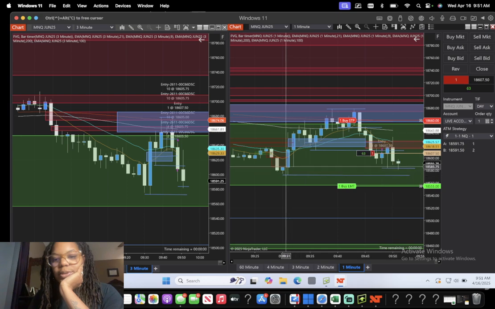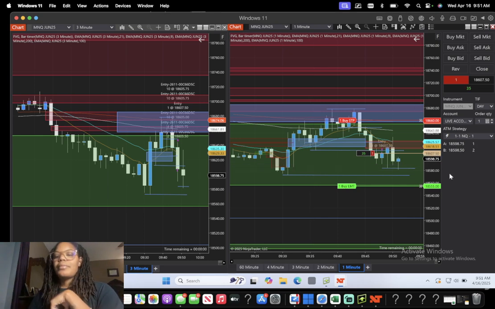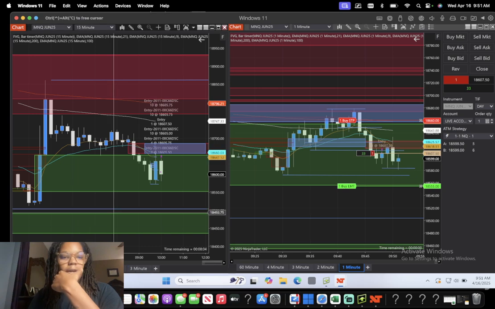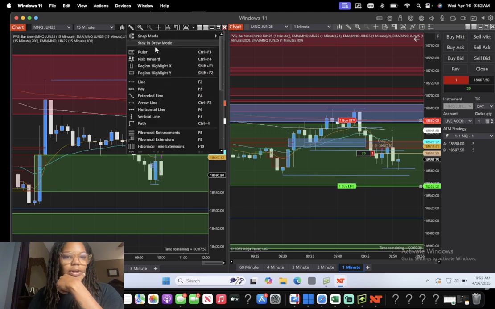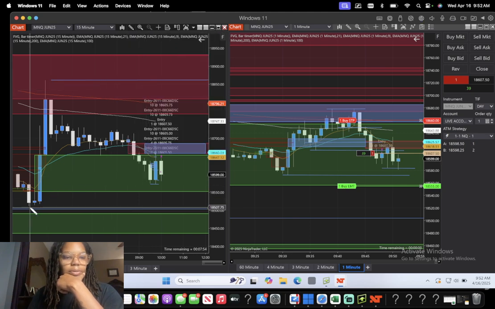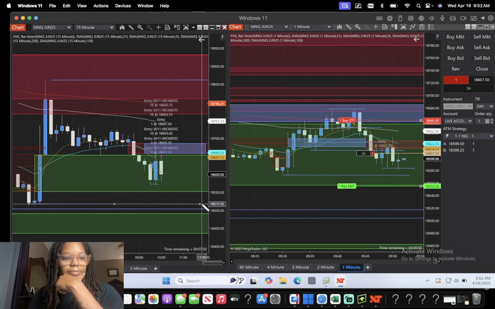Which this is an equal low now. An equal low. These two together. That is an equal low. So. Like I said, I want this hourly low. Or even this, yeah. Or even this hourly low here. There's an hourly low here as well.